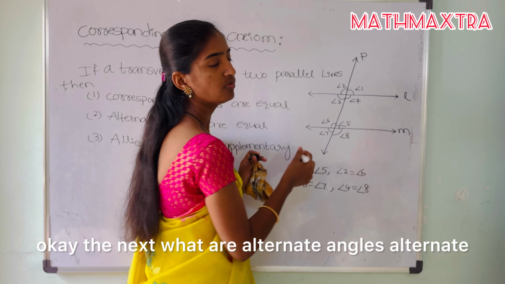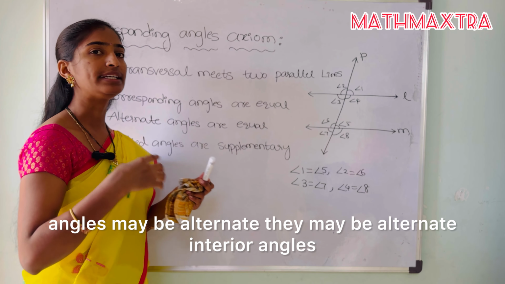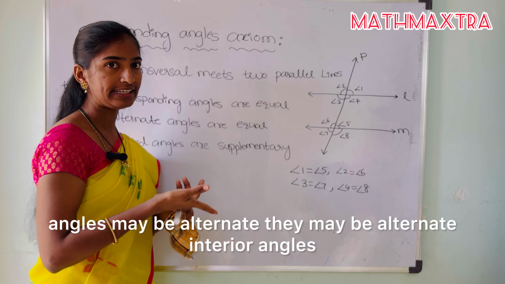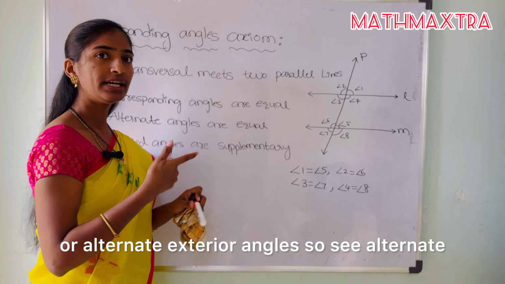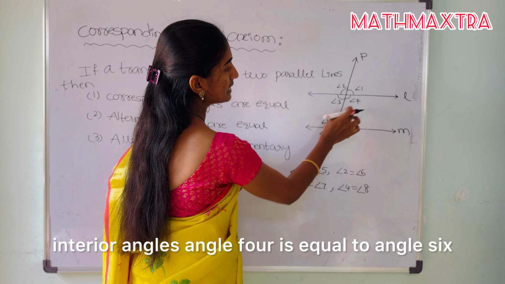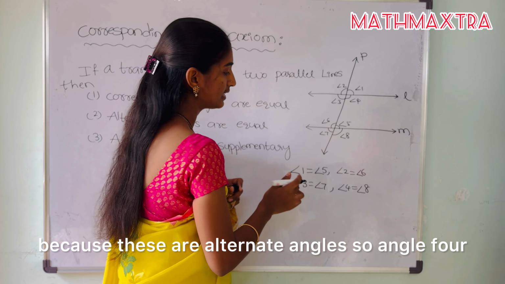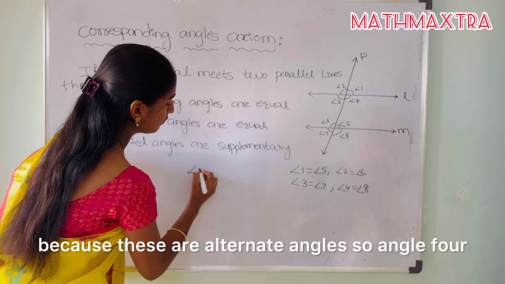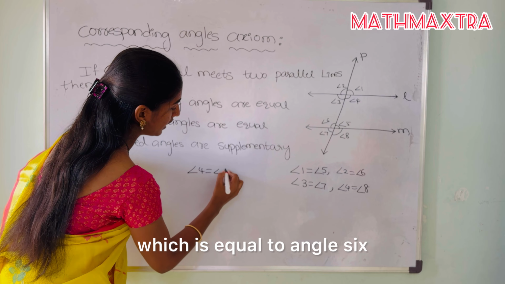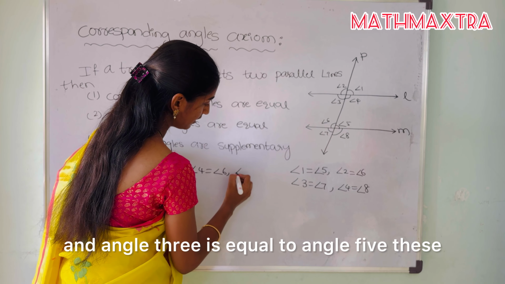The next, what are alternate angles? They may be alternate interior angles or alternate exterior angles. See, alternate interior angles: angle 4 is equal to angle 6 because these are alternate angles. And angle 3 is equal to angle 5.